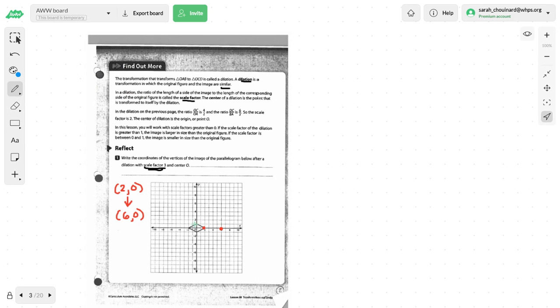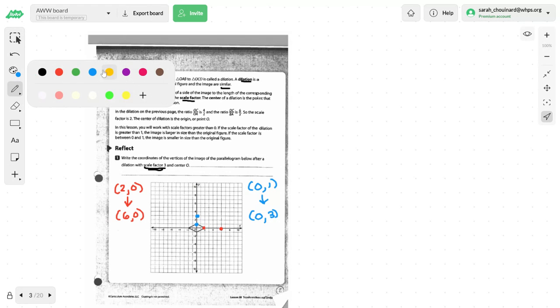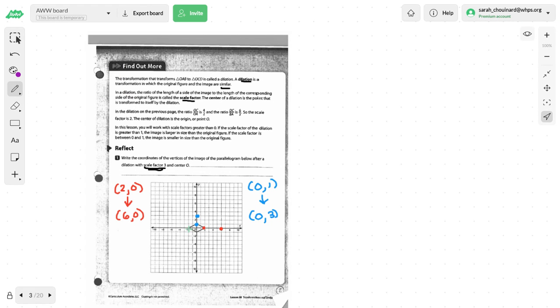Let's do the next vertice. So this point is 0, 1. So if I scale that by 3, it's going to become 0, 3, which is right here. If I scale -2, 0 by 3, that's going to become -6, 0.